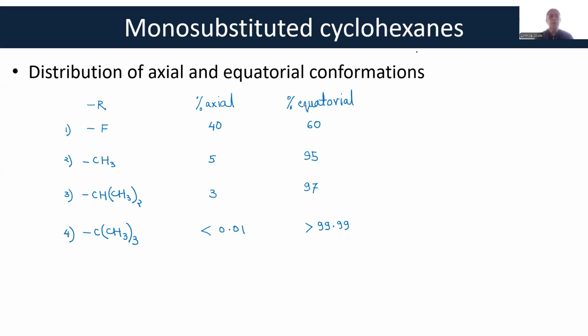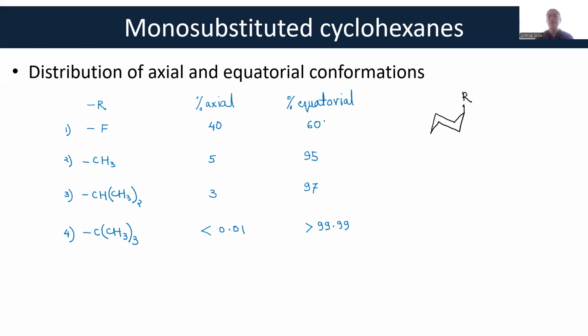Now look at the distribution of the axial and equatorial conformations. If this is cyclohexane and the substituent, say R, is F, then F has a smaller size and so 40% can remain in axial, 60% in equatorial.